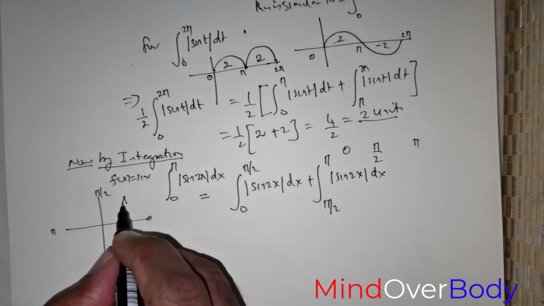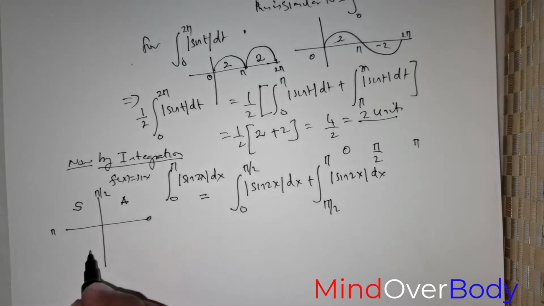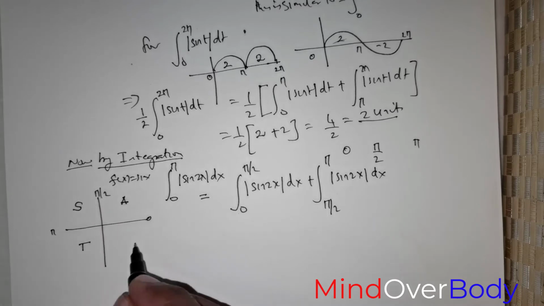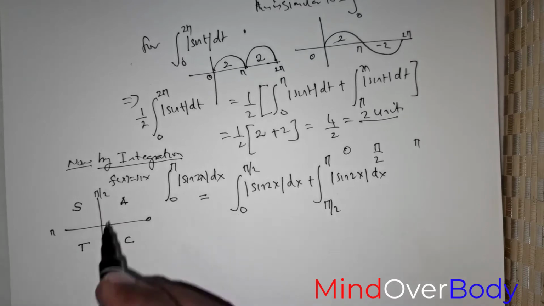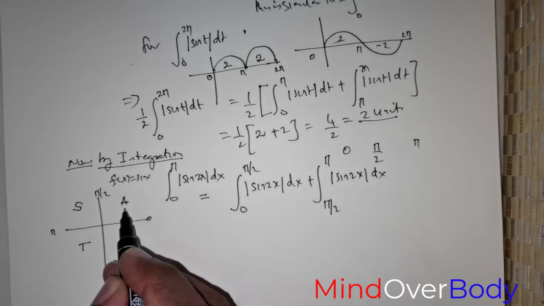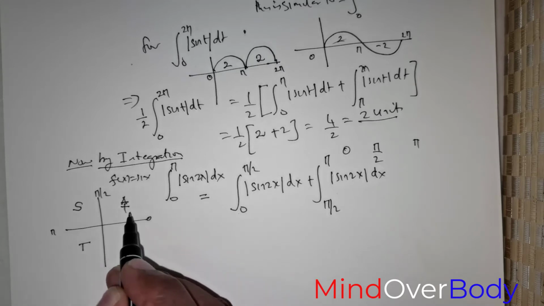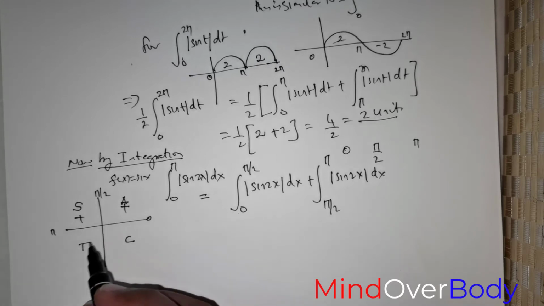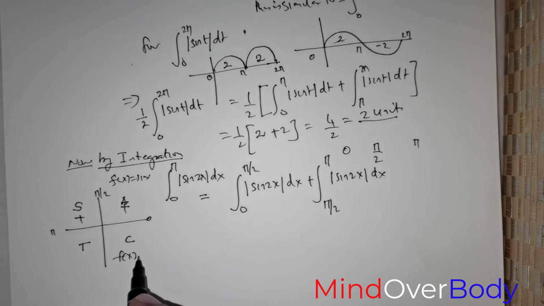Now for f of x being equal to sin x, sine will be positive here, sine will be positive here, but we are given f of x is equal to sin 2x. Okay, so let me write that with clarity, sin 2x.